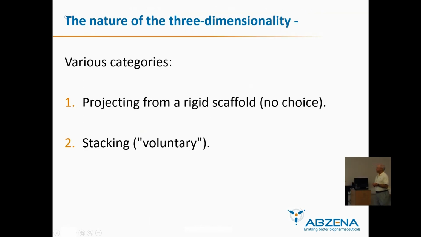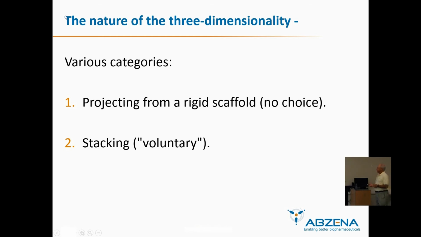And that three-dimensionality sometimes comes from having a rigid scaffold where things are projected into three dimensions. But sometimes it comes from stacking. So a molecule that could normally just be kind of linear decides that upon binding it is happier stacked. And so this is sort of a voluntary three-dimensionality.